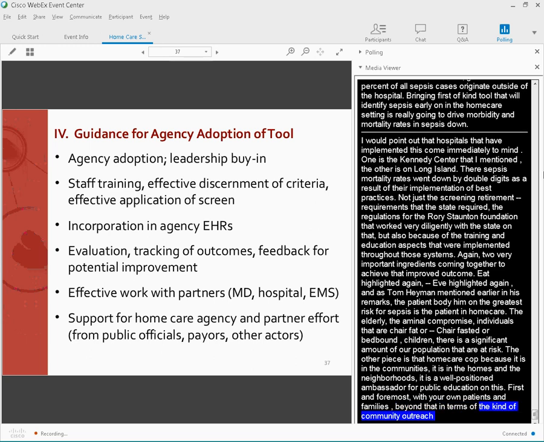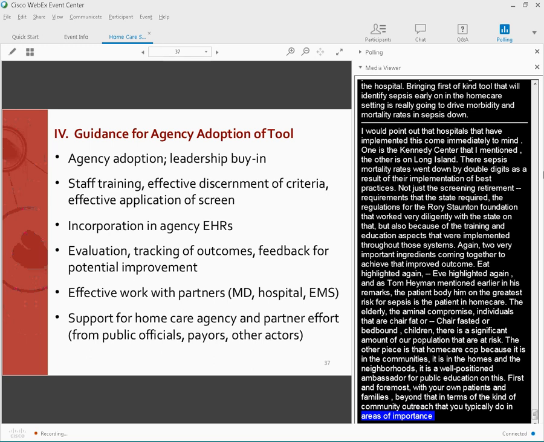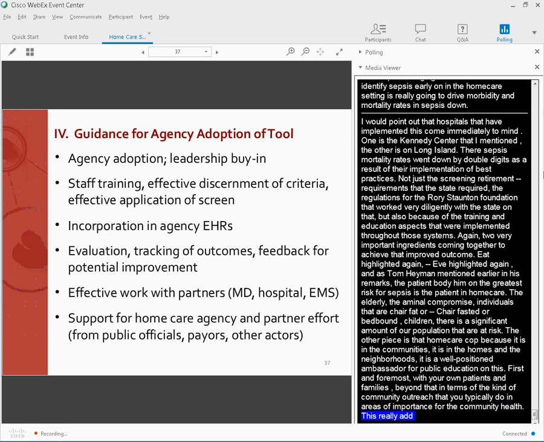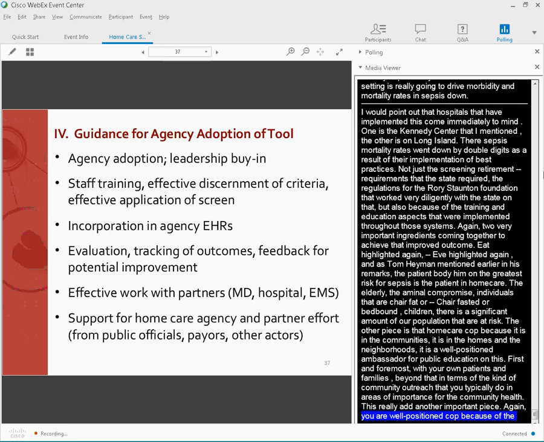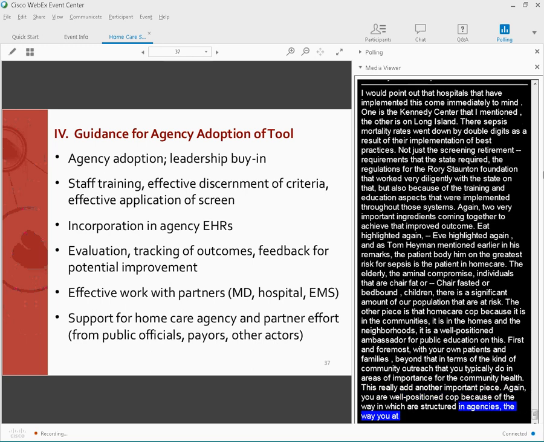So this really adds another important piece, and again, you are well positioned because of the way in which you are structured as agencies, the way in which you interact with the cultural diversity of your neighborhoods and communities. You are so well positioned to be an effective responder.